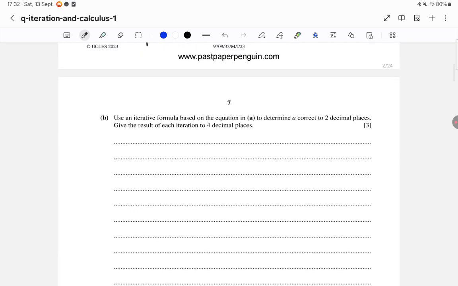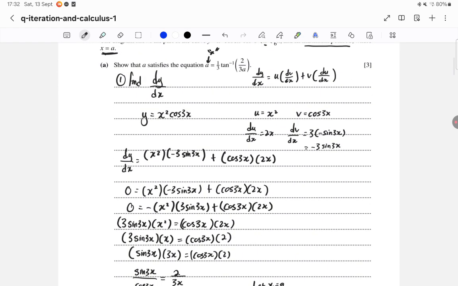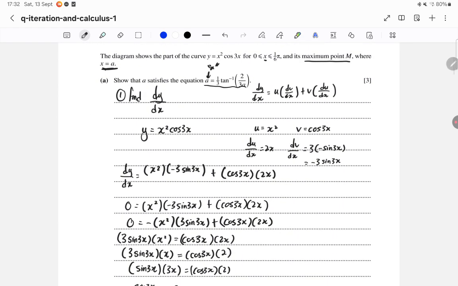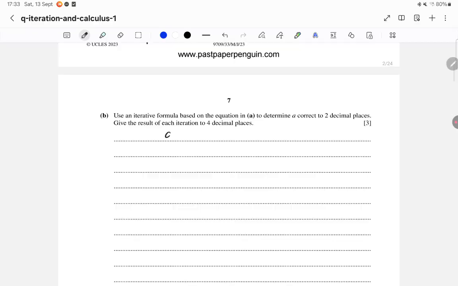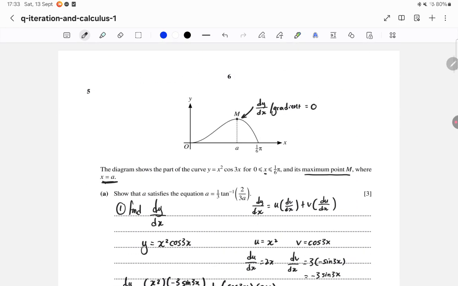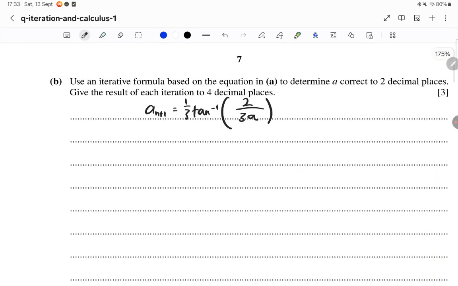So they told us to use the iterative formula given in A, which will be this one, the one that we found, to get our x value. As shown earlier, we're going to rewrite this as 1/3 tangent inverse 2/3a. And if you noticed here, I put a plus 1 because for each iteration we're going to use the previous value.